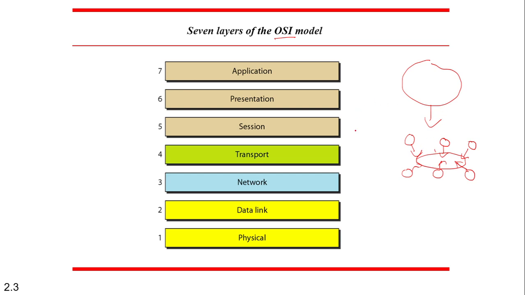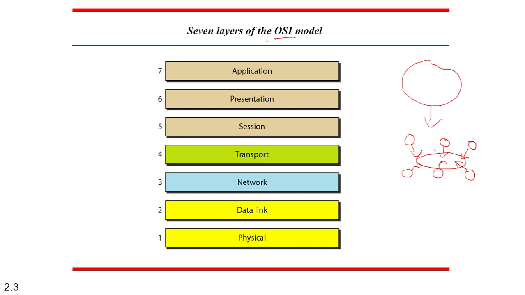In a similar way, the whole network communication process has been divided into different layers, and each layer contributes something to network communication. When we combine the functionality of all these layers, we achieve network communication. Each layer has some protocols associated with it, which help us go for the network communication.